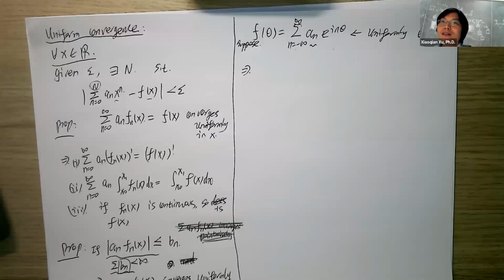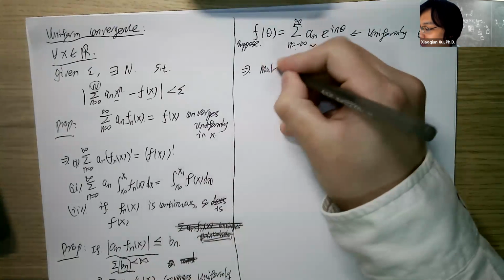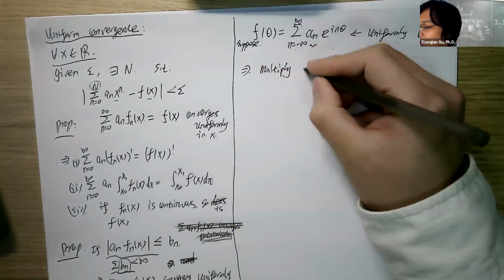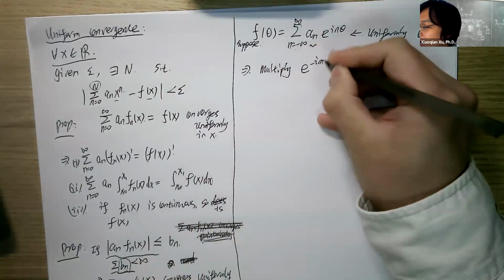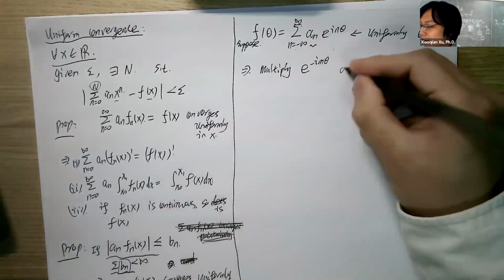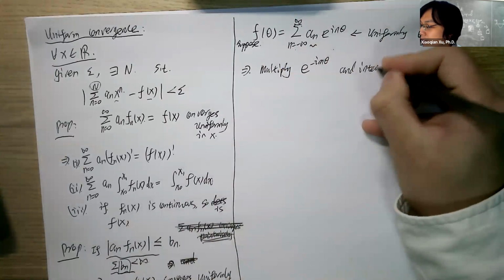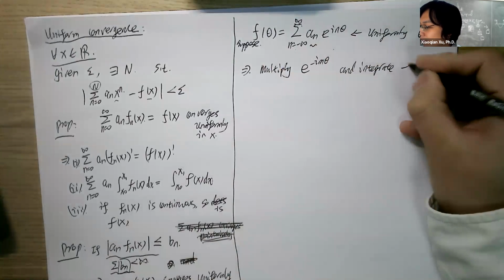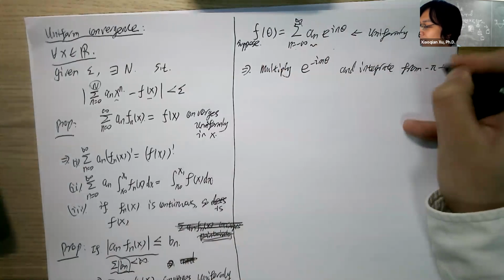Then that means we can multiply by something and take the integral on both sides, and on the right-hand side we can take the integral term by term. Let's multiply by e to the minus im theta and integrate from minus pi to pi.